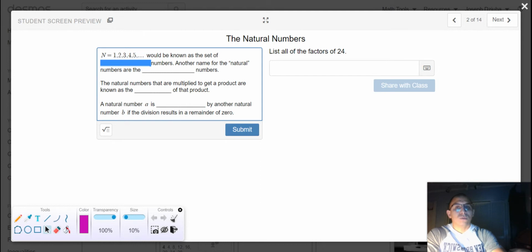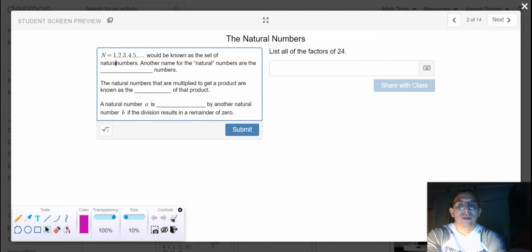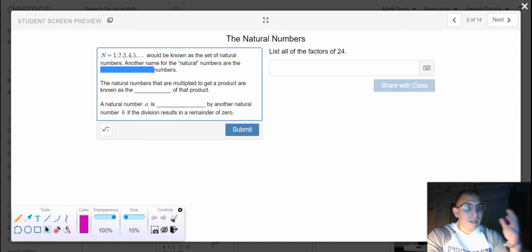N equals 1, 2, 3, 4, 5, 6, 7, 8, 9, 10, 11, 12, 13, 14, 15. Keep counting as high as you possibly can. We call those values the natural numbers. And if you think back to when you were a wee lad, as soon as you were able to count items, you started with 1, 2, 3, 4, 5, 6, 7, 8, 9, 10.